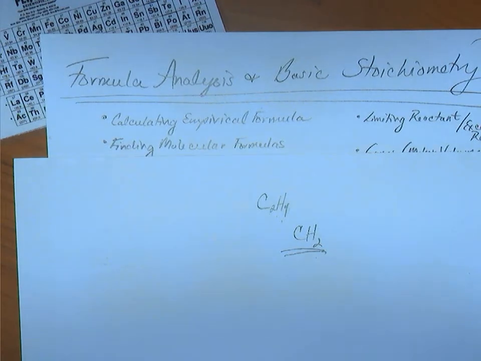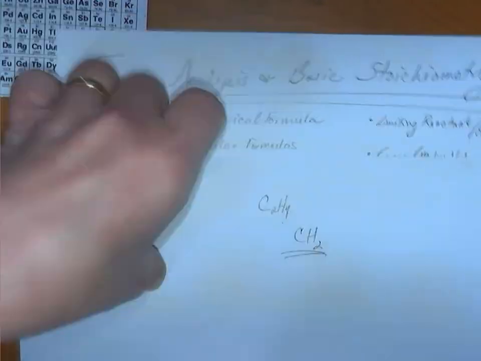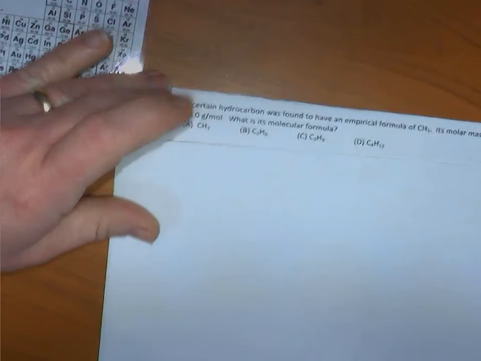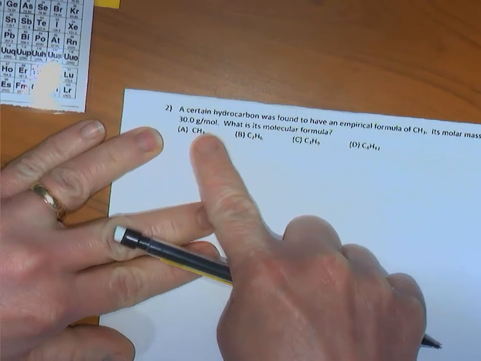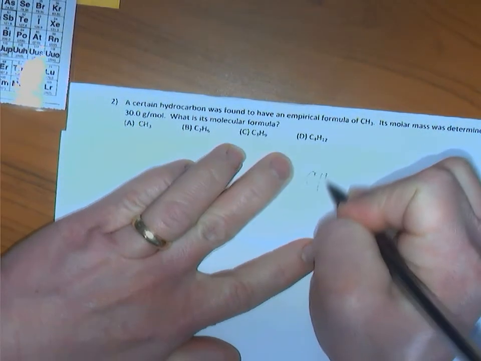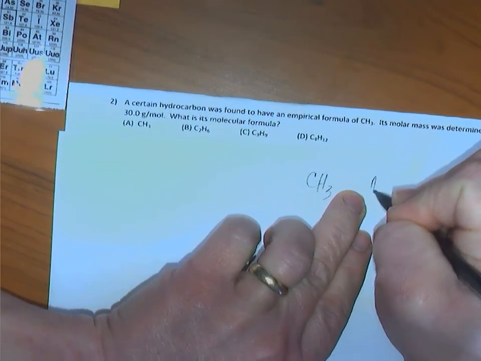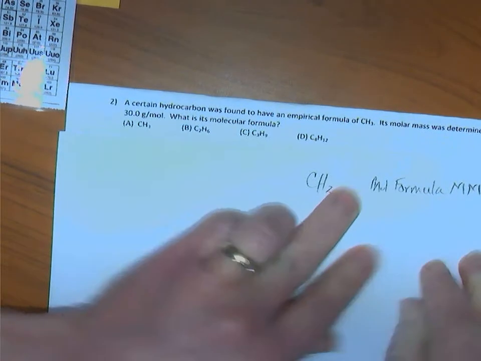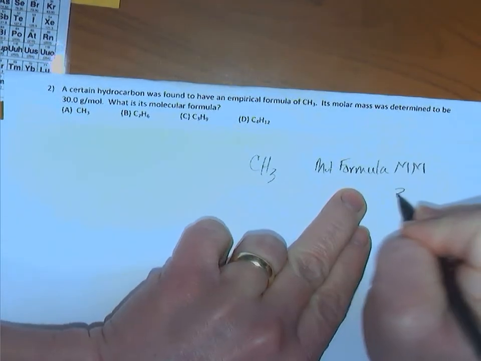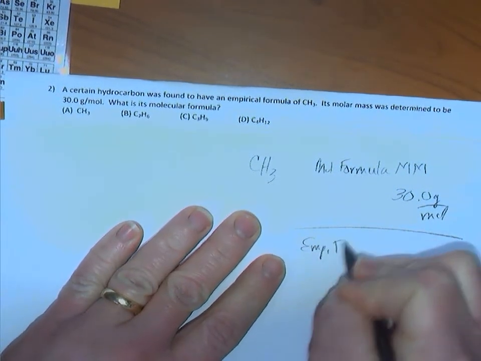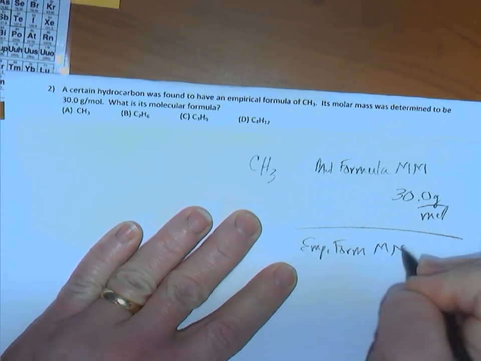Now, usually that is given maybe something like this multiple choice question. And if we're given the molar mass of the molecular formula and we're given the empirical formula, or we found the empirical formula, if you take the molecular formula molar mass, and so in this case it's 30, and then divide that by the empirical formula molar mass, which you often have to find that.